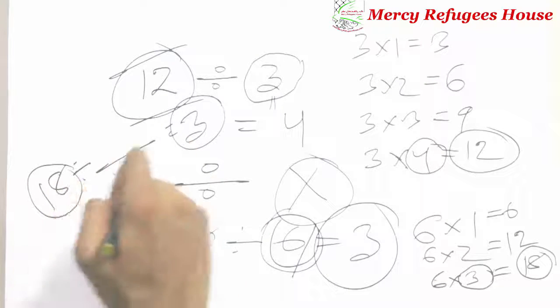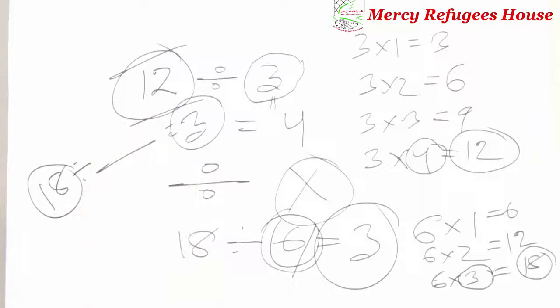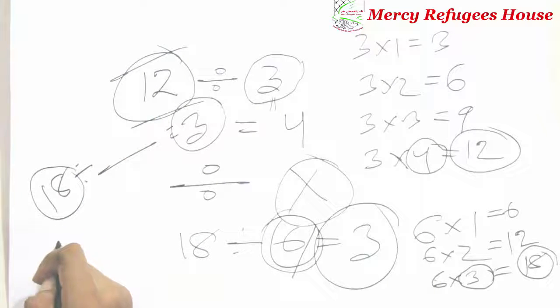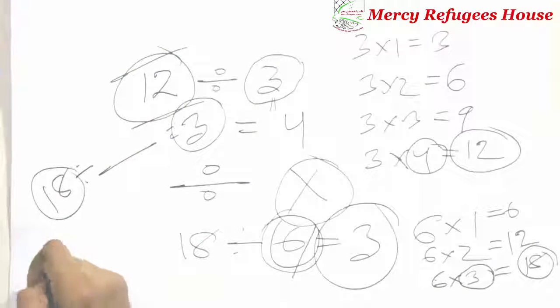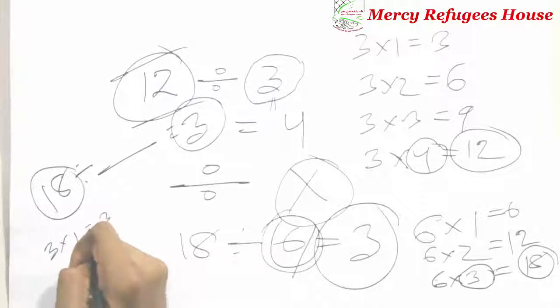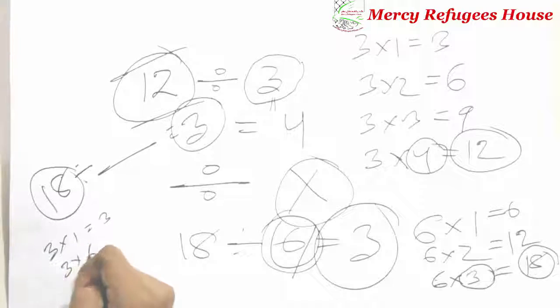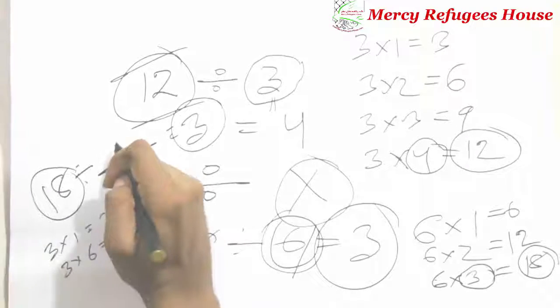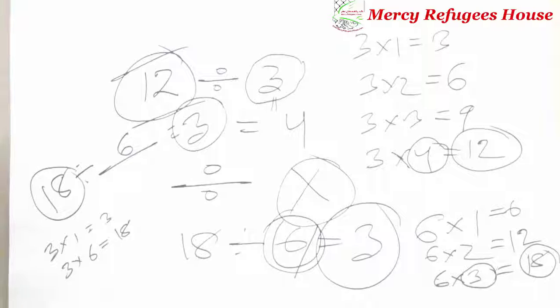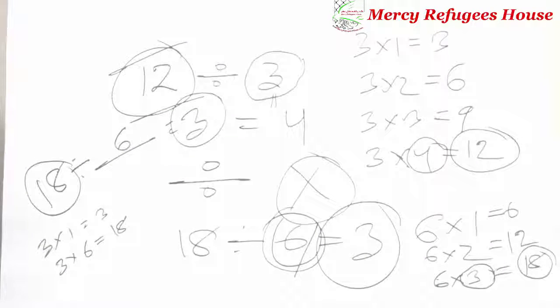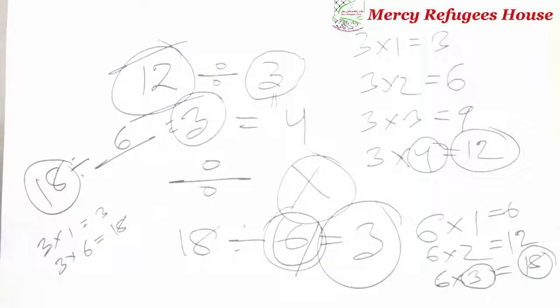So what do we get here? What was our divisor? We use the multiplication table of 3. 3 times 1 equals 3, 3 times 2 equals 6, and similarly if we go to 3 times 6 equals 18. So we get the answer 6 here. This is how you teach the reverse version of the division.